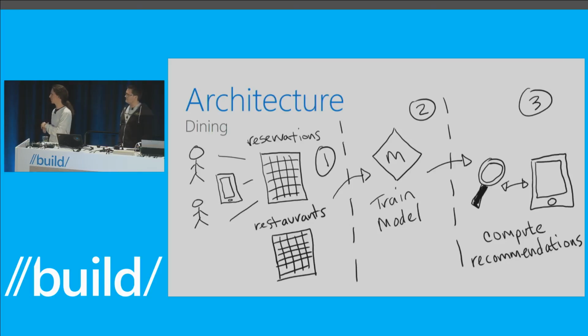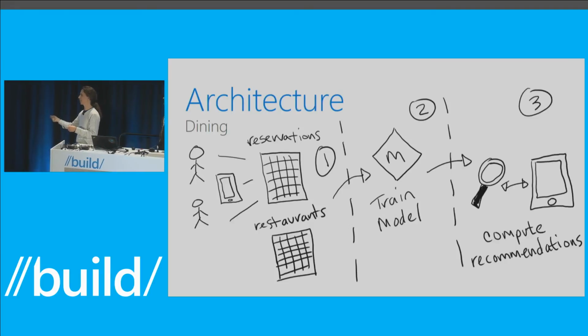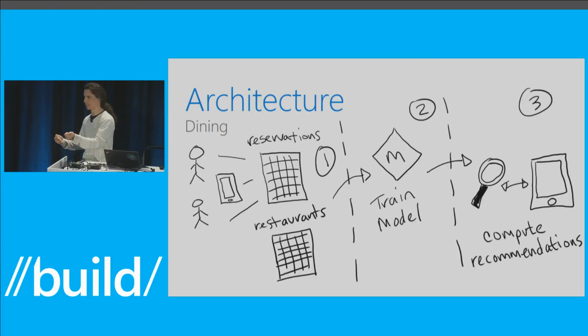You want to train a model, and in some cases, you'll do a prediction on the spot, but the training already happened offline. And sometimes even the predictions you'll do offline. Like in this case, given one restaurant, I want to say, what are the other recommended restaurants if you liked this one? That's a recommendation I can compute offline, stash in a place, and then use while the user is pulling restaurant information.